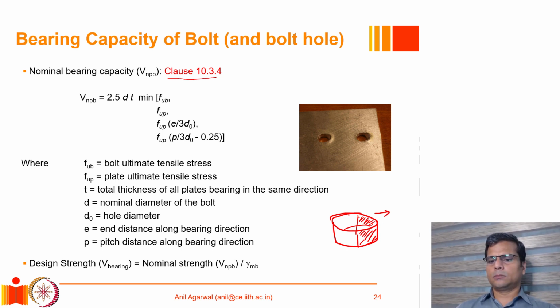Basically the parameters that should play a role here are the thickness of the plate and the diameter of the bolt. So d is the diameter of the bolt, t is the thickness of the plate, and an empirical factor of 2.5, which tells us the effective area which is actually resisting that load, multiplied by some material strength. If it is the failure of the plate, we would use fup. If it is the local yielding of the bolt shank, then we would use fub.